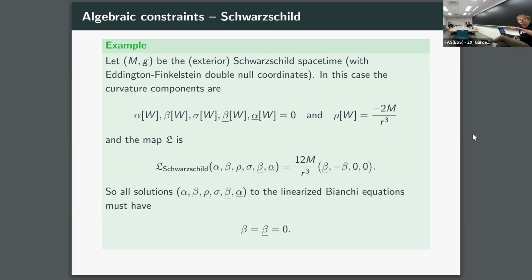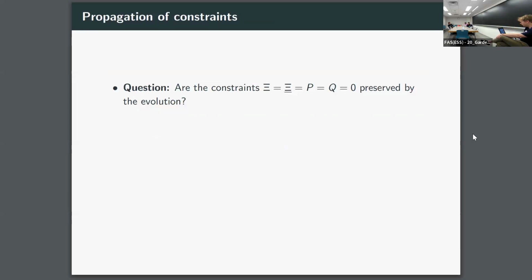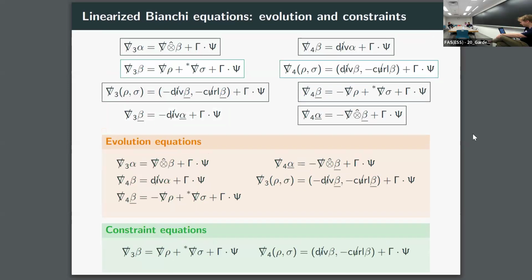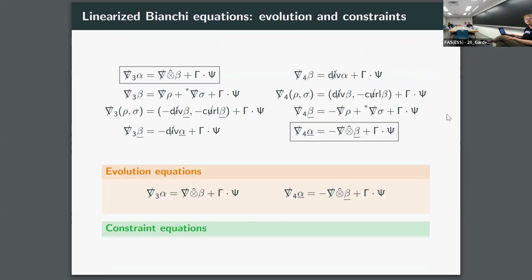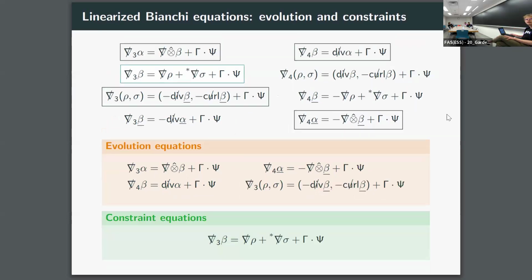Before I do that, I want to have a remark here, which is that these constraints were derived, if you go back to this method of choosing which were constraints and evolutions. All that is to say that throwing things in the evolution bucket or the constraint bucket, there are different ways to do this, and presumably this would get you different operators L. I haven't had time to think about what that means, what the intersection of the kernels of these operators would be.